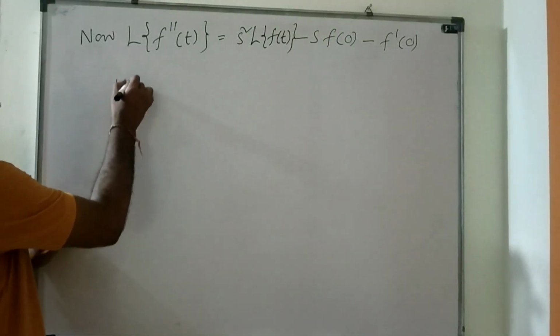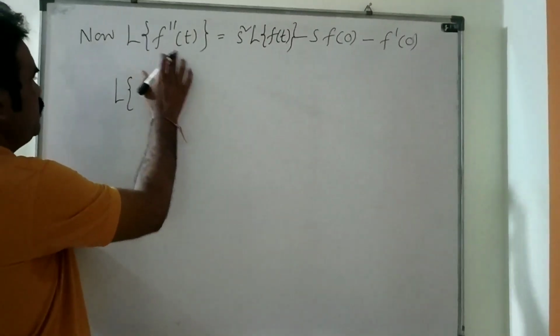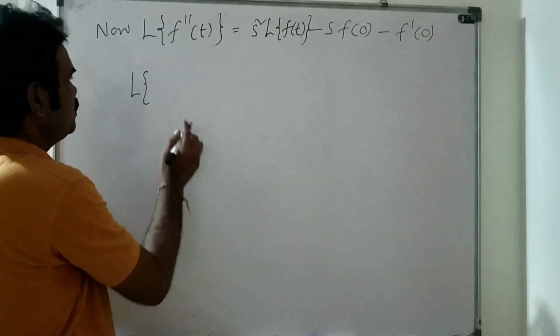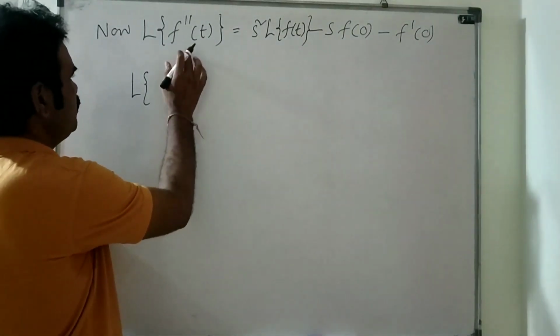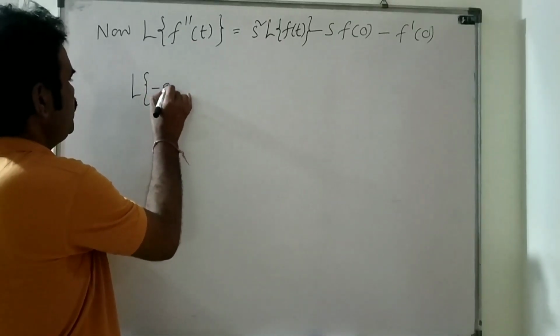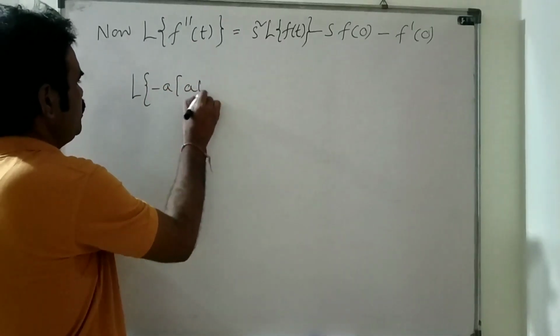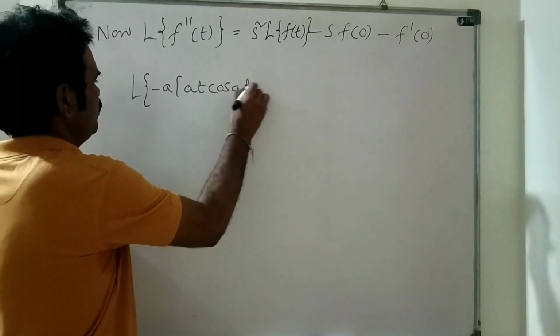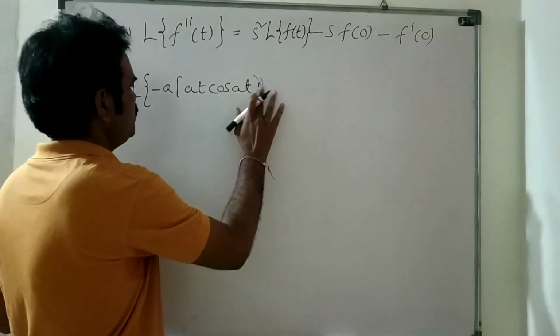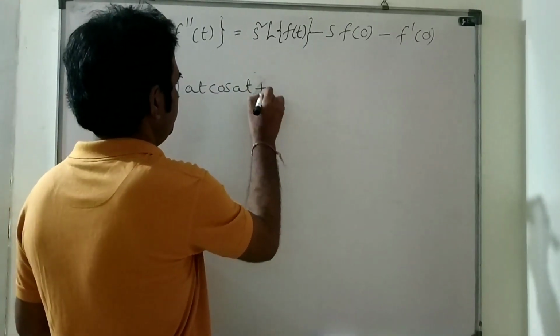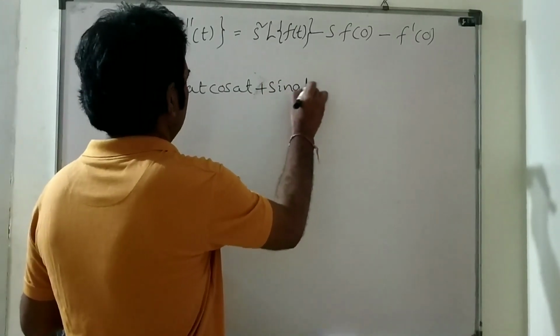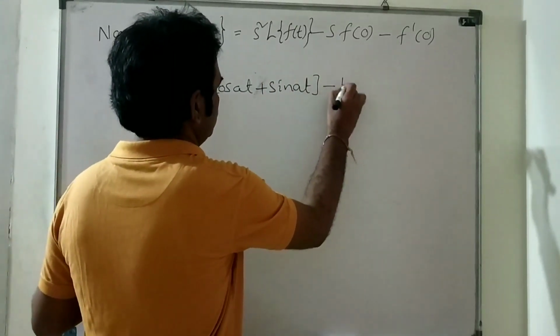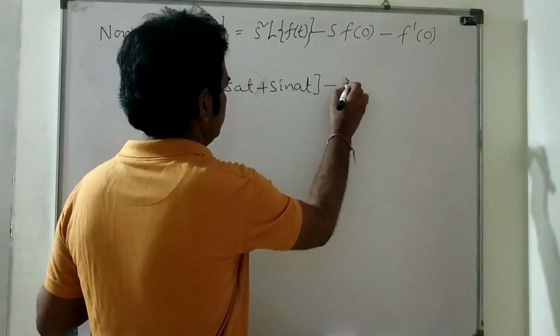That is L of, we already found f''(t) is minus a² t cos at minus a sin at minus a sin at.